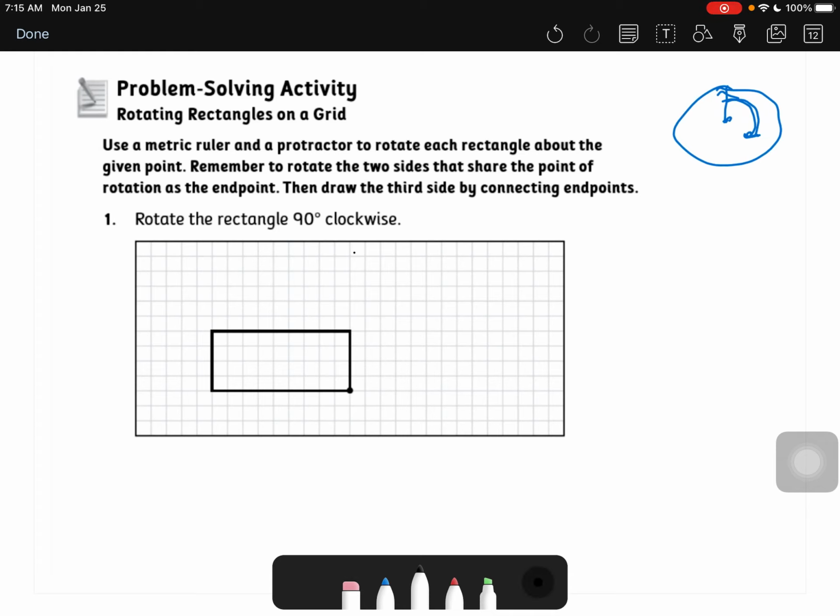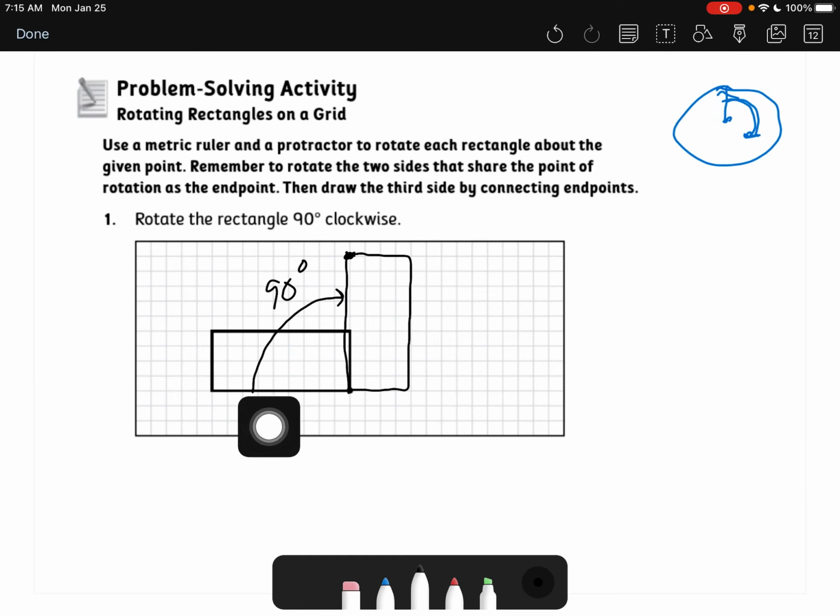Put a dot right up there. Now it's going to be straight up like this. 1, 2, 3, 4. So my shape now, if I've rotated it 90 degrees, went straight up. It was laying flat, rotated at 90 degrees like a clock would move that direction.